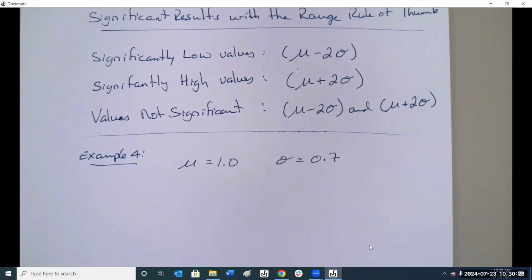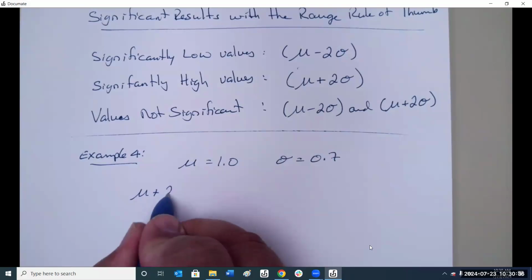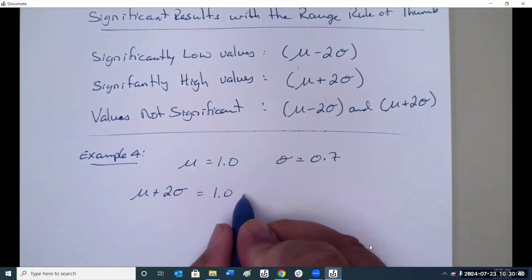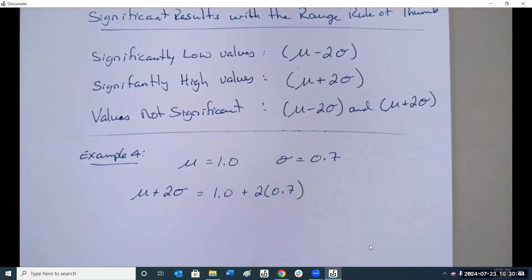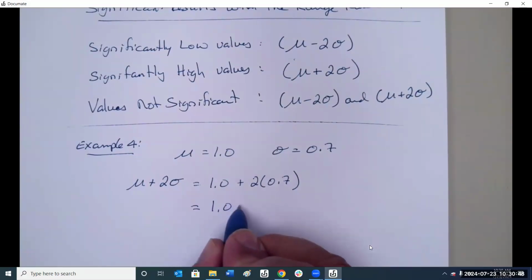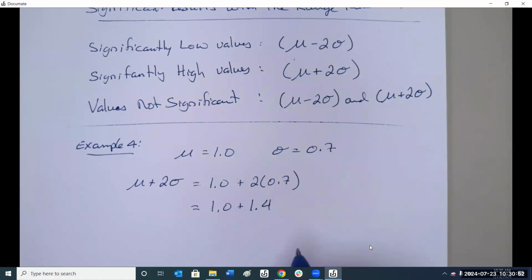How do we do that? Since we're looking for high, we have to go mu plus 2 standard deviations. So it's 1.0 plus 2 times 0.7. So 2 times 0.7 is 1.4. 1 plus 1.4 is 2.4.